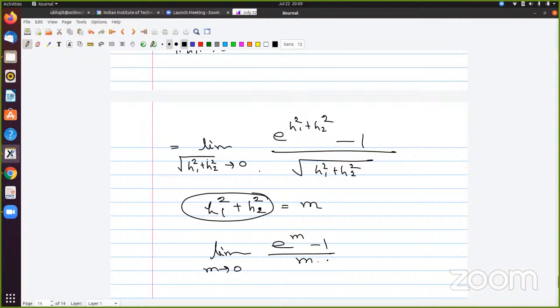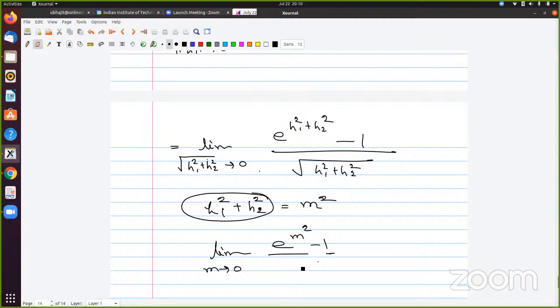Sir, what did we do with root m? If this is m, then m square. So this is m square I have written. No, I am doing something wrong here. This should be m squared, sorry.